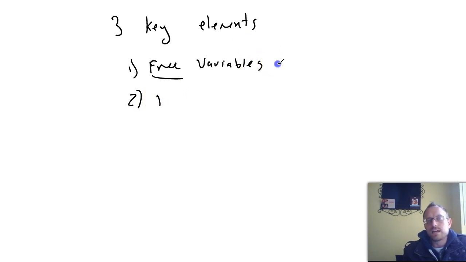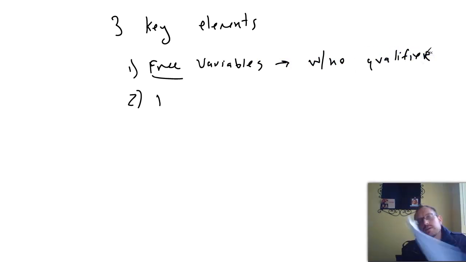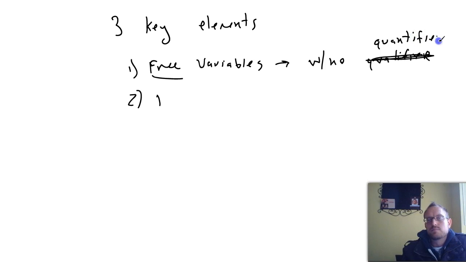Oh, I'm sorry, I'm reading my notes here to make sure I say this correctly for you guys, and I misread it. So a free variable is a variable that occurs in statement functions, but there's no quantifier. Quantifier, not qualifier. Whereas a bound variable is a variable that occurs within a quantifier.